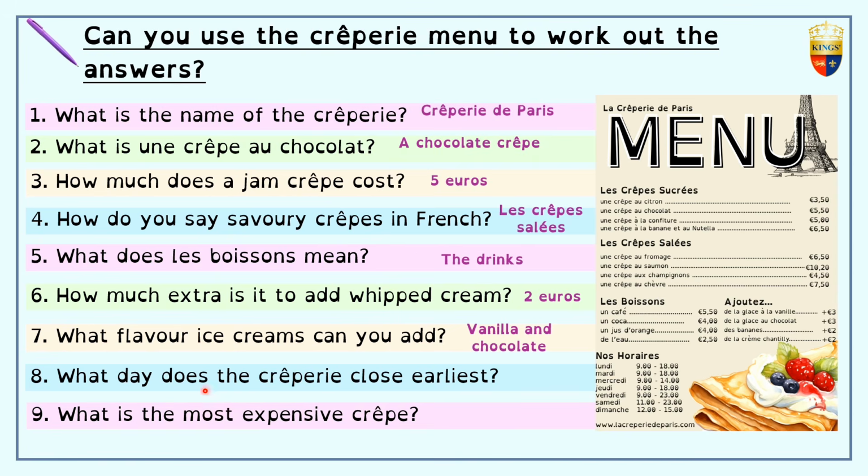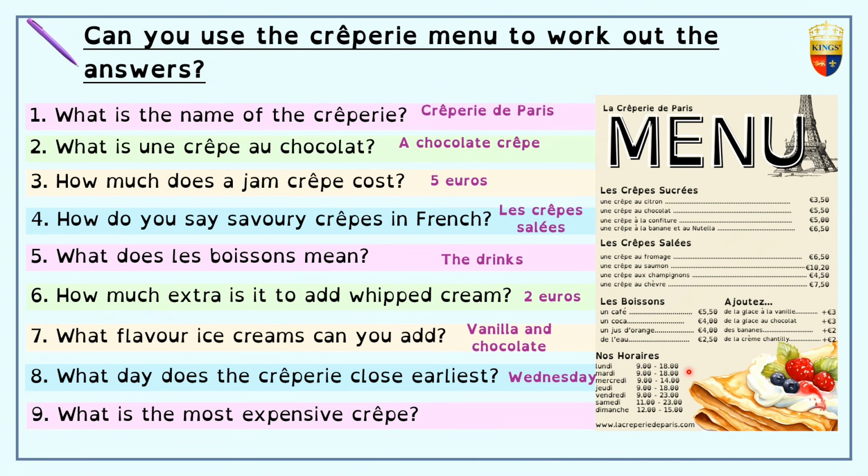Then it says, what day does the creperie close the earliest? So let's look at our opening hours. And the earliest day we can see is the third one down, which is Wednesday, because that closes at 2 p.m. And in France, they use the 24-hour clock, which is why the closing times look like this, okay?